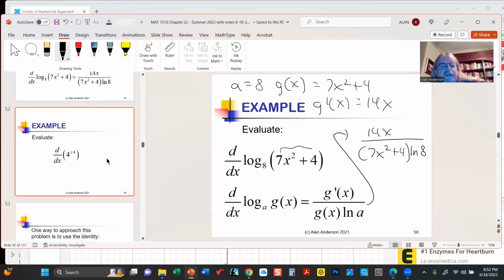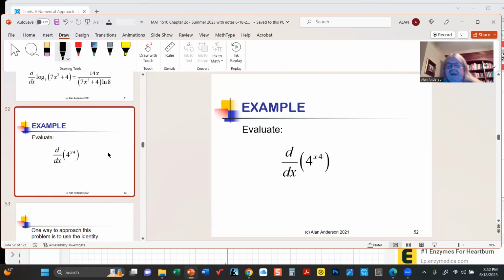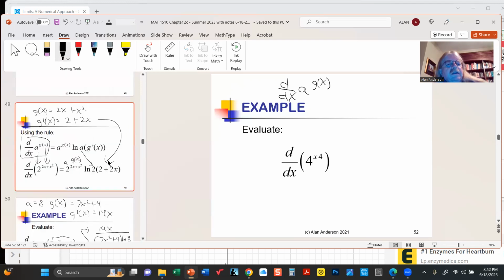And then let's try this one. Okay, so now clearly we're going to have a to the g of x here. So which rule is that?